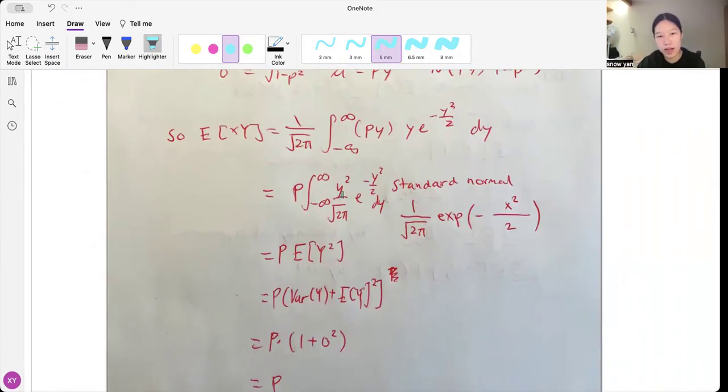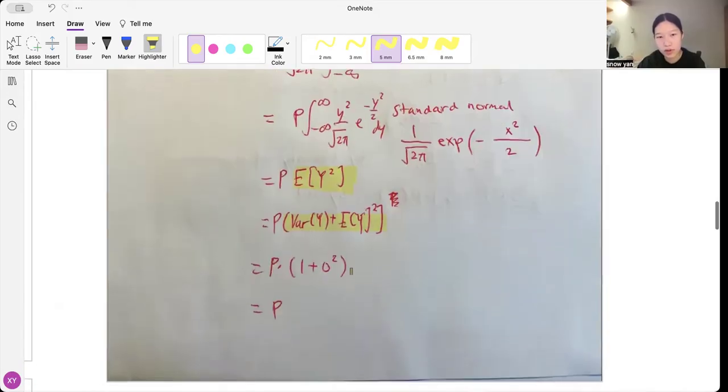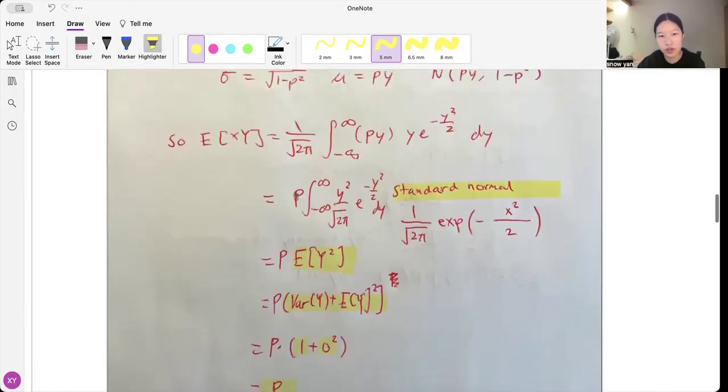This form exactly matches that, except we have the y squared, which means this expression is just equal to E of Y squared. We don't know what this is, so we use the standard variance equation: it would be the variance of Y plus the square of the mean of Y. Because it's standard, the variance is 1 and the expected value is 0. So 1 plus 0 squared is 1, and our result is just the coefficient in front.